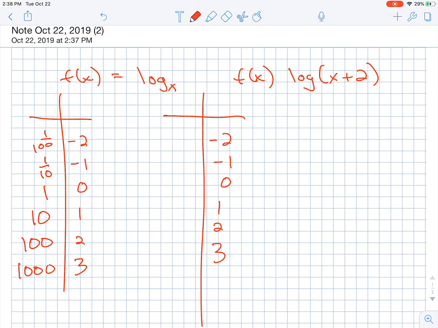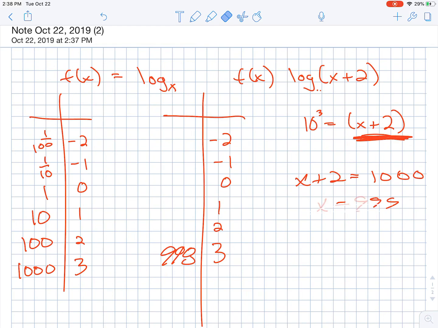Let's do 3 first. So remember, this is an unwritten 10, so it's like 10 to the third equals x plus 2. We know that 10 to the third is 1,000. So what I need is 1,000 over here, so x plus 2 needs to be 1,000. So x is equal to 998.